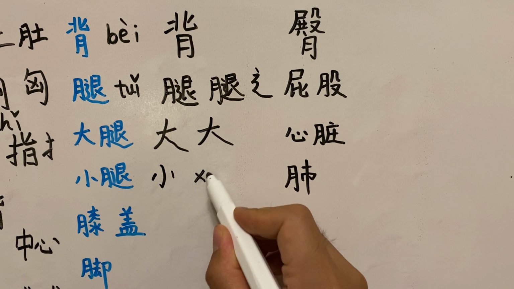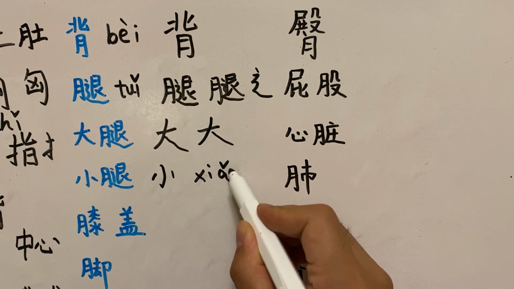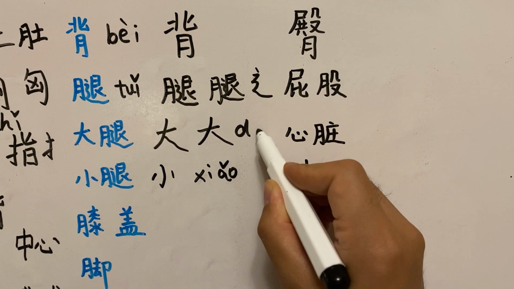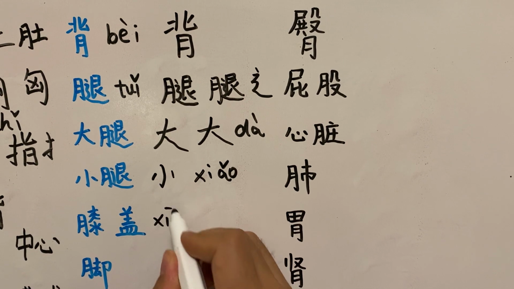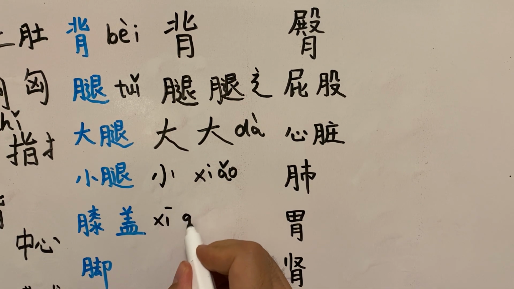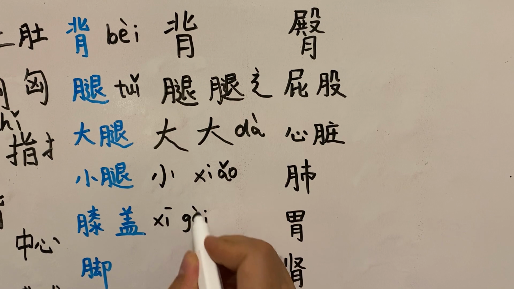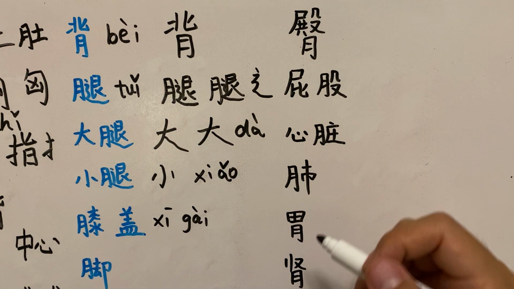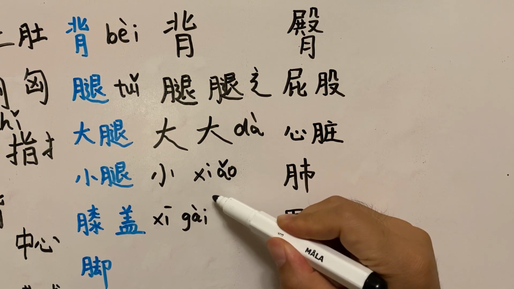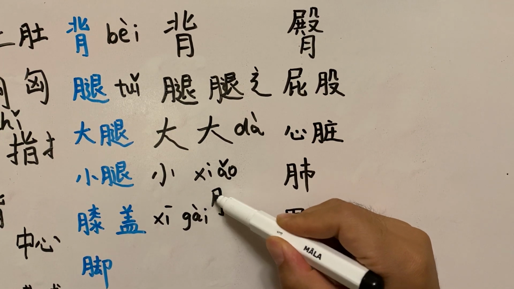This 小 Chinese pinyin is 小, third tone, and this 大, da, 大, right? 膝盖, this one, 膝盖, the knee. 膝盖, the knee, right? 膝盖. So it's written like this. It's a little hard to write.